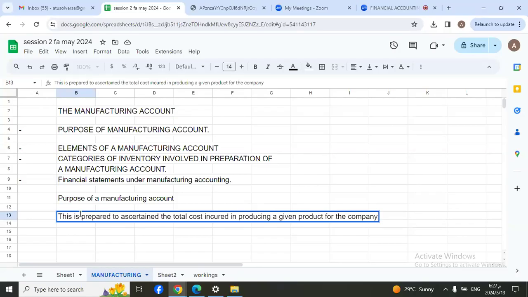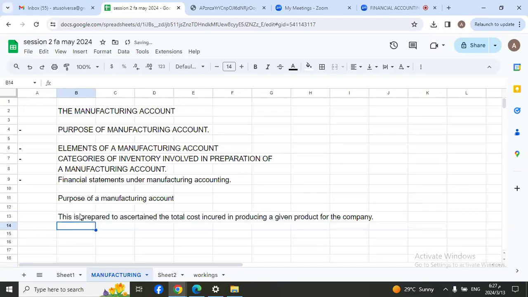So the main purpose is to ascertain the manufacturing cost. How much do we incur on producing maybe 50 bags of maize flour? How much do we incur on producing 2 cartons of sodas or 2,000 cartons of sodas?